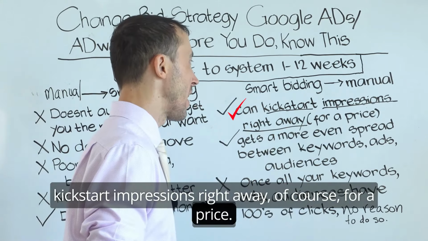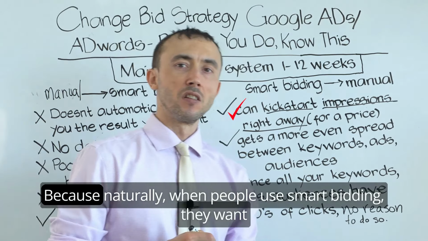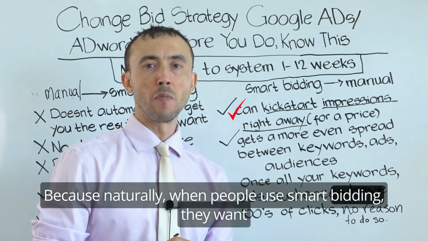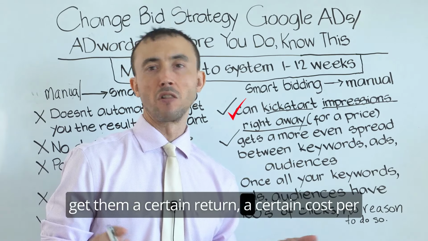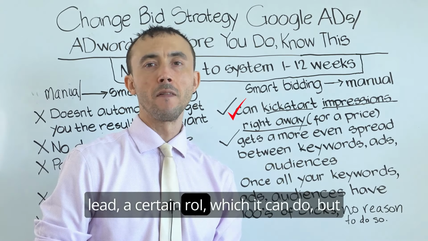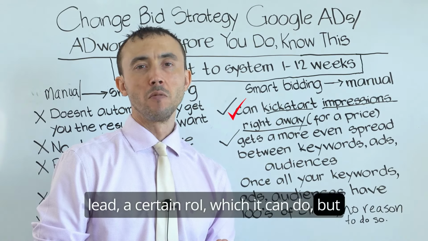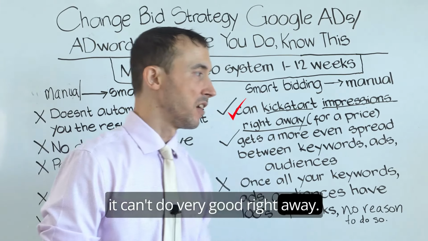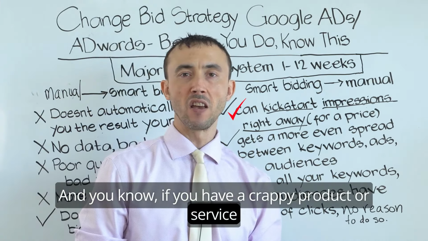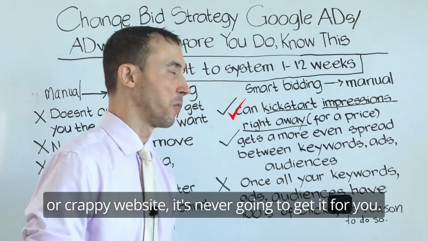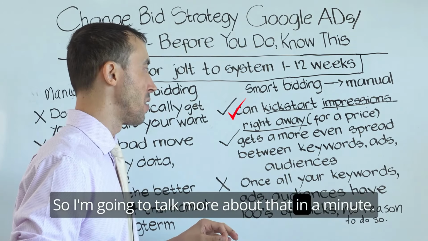Of course, for a price, because naturally, people use smart bidding because they want Google to get them a certain return, a certain cost per lead, a certain ROI, which it can do, but it can't do very well right away. And if you have a crappy product or service or a crappy website, it's never going to get it for you. I'm going to talk more about that in a minute.